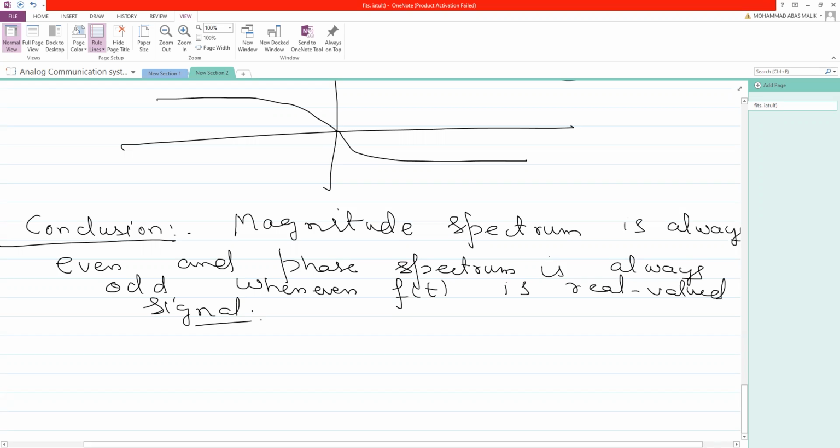This is in general, always you have to remember. Magnitude spectrum or amplitude spectrum is always even, and phase spectrum is always odd whenever you have f of t as a real valued signal.